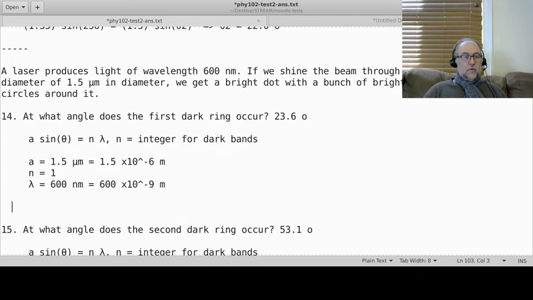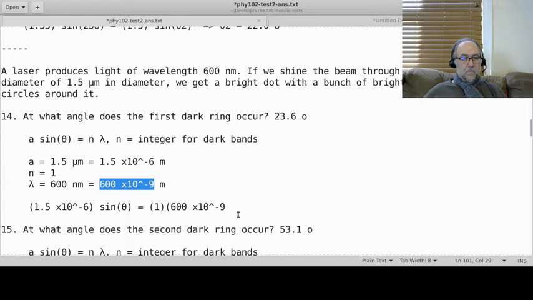Okay, so if we put all those numbers in here, we're going to have for A, we'll have this. Sine theta, well, we don't know theta. That's what we're solving for. All right, and n is 1, and lambda is that.